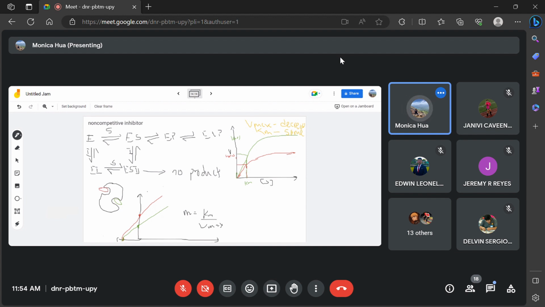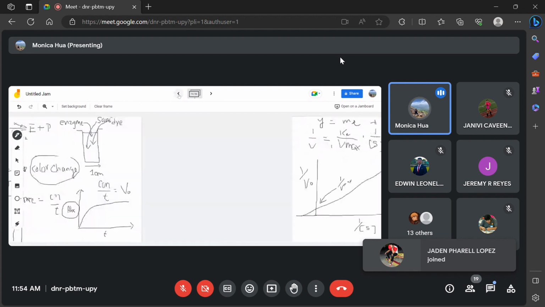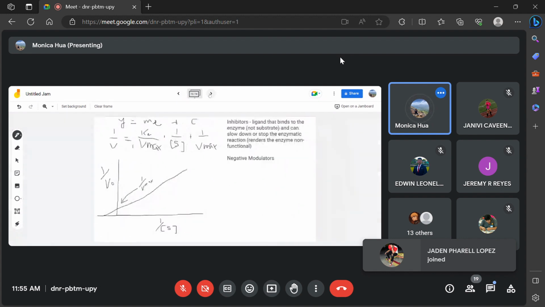I think, did we go through everything with Michaelis Menten? I think we did. All right, so this is the introduction to inhibition.